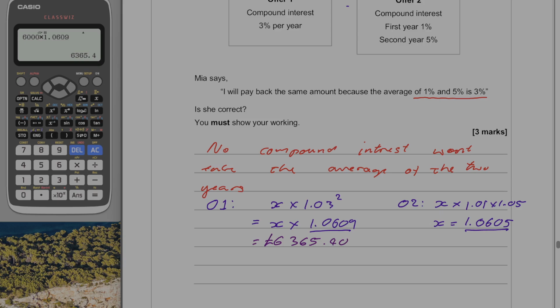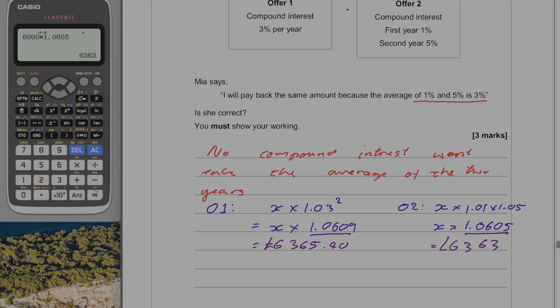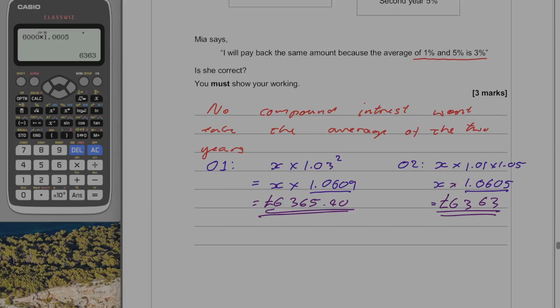For offer two, the amount would be different. They're not the same.